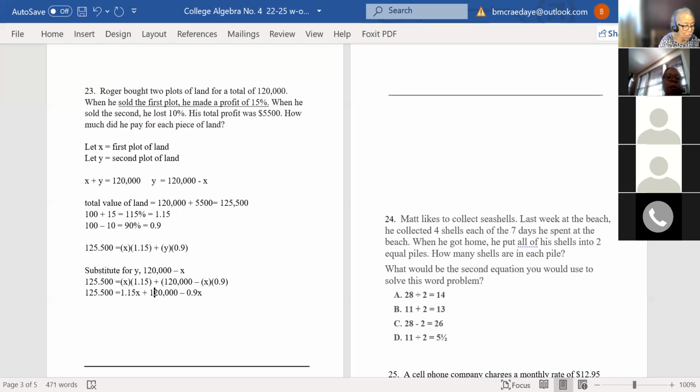Well, I get all my terms together, right? 1.15x minus 0.9x.